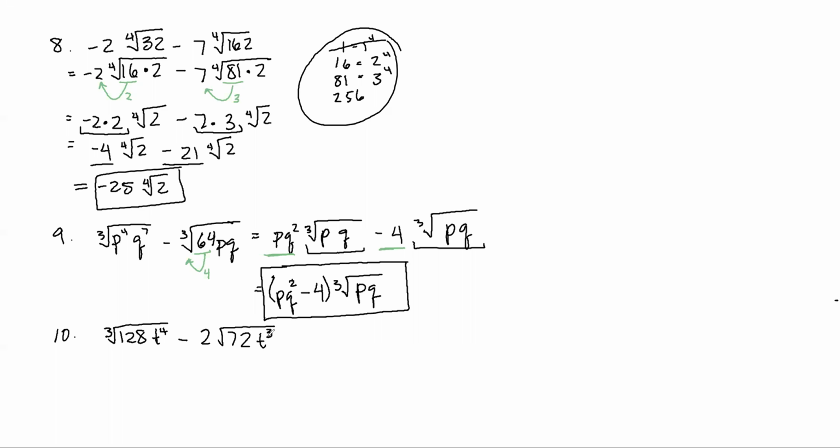Now, one thing to notice here is that we are given a cube root and a square root. Before we even do anything, we could simplify, but we can't actually combine these because we don't have the same root.